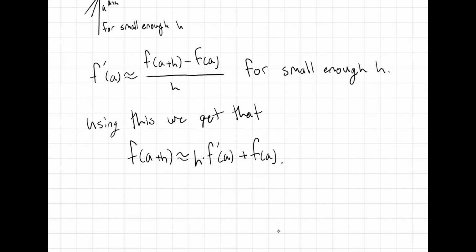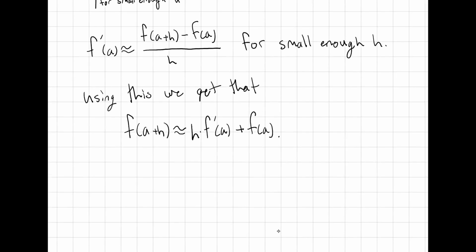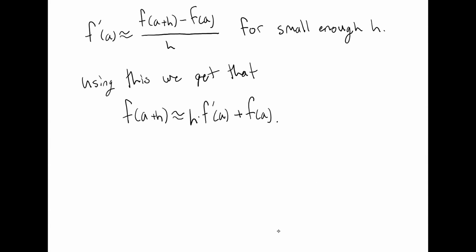Now, if you think of this as almost like a linear function, this would be like our slope, and our f of a is like our intercept, and we're just shifting by h units, right? So I'm just going to get rid of all that.